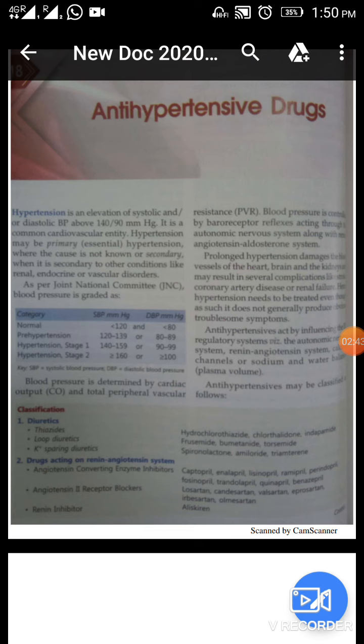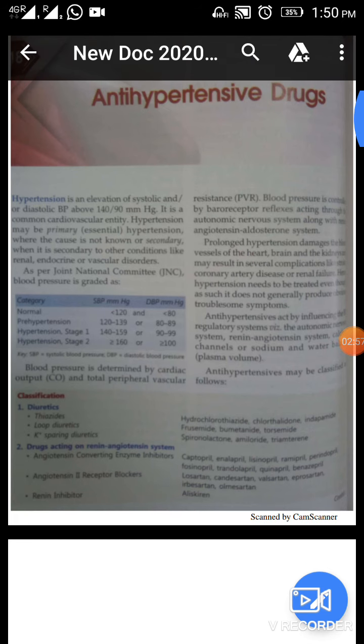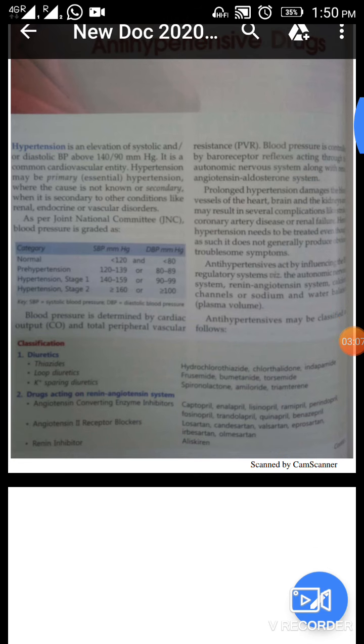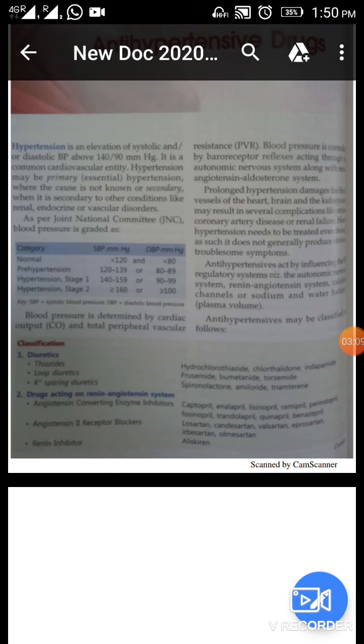In thiazide diuretics, the drugs are hydrochlorothiazide, chlorthalidone, and indapamide. In loop diuretics, there are furosemide, bumetanide, and torsemide. And in potassium sparing diuretics, there are spironolactone, amiloride, and triamterene, right? These are the diuretics which are used in the treatment of hypertension.